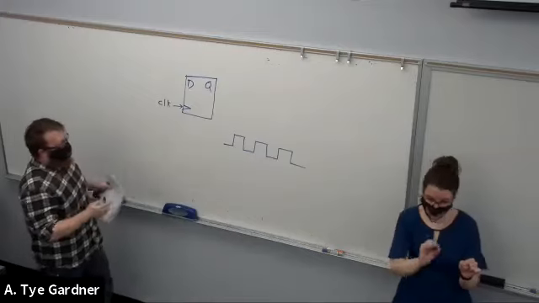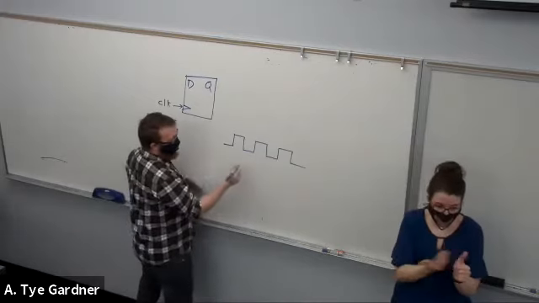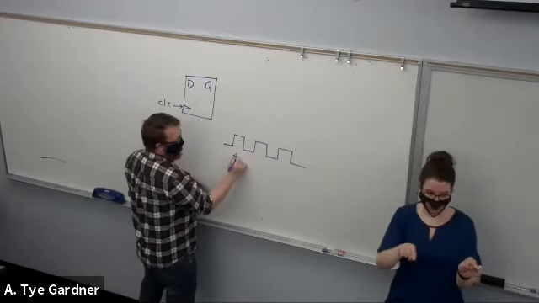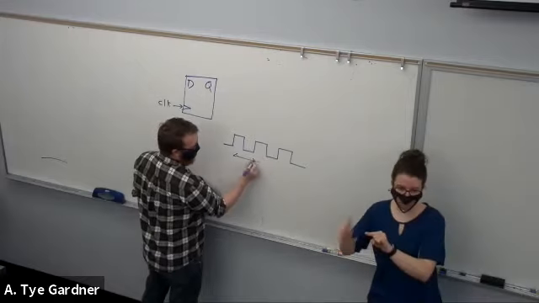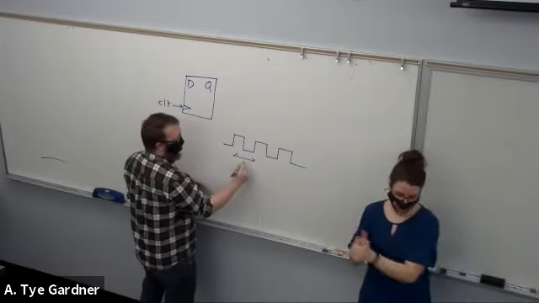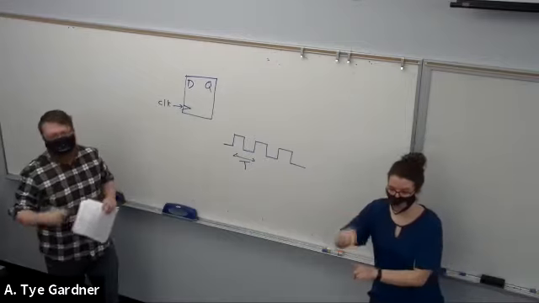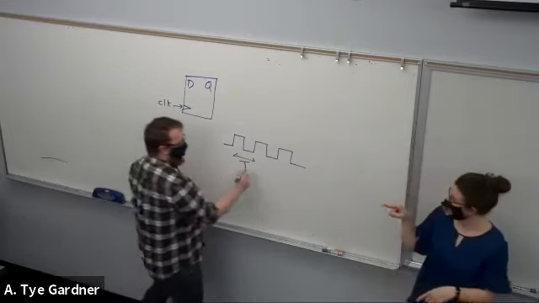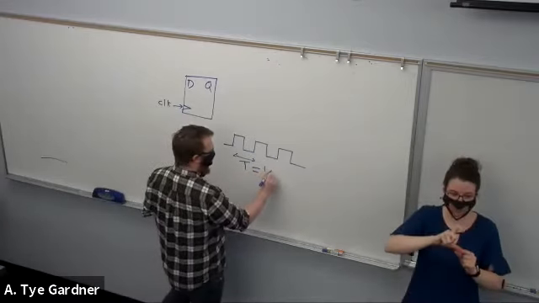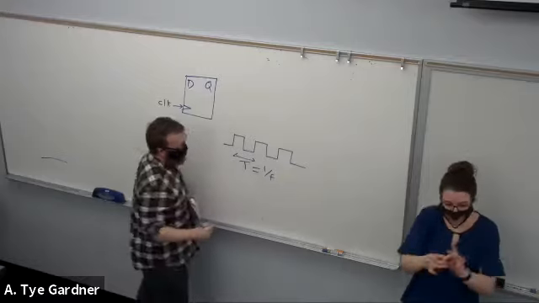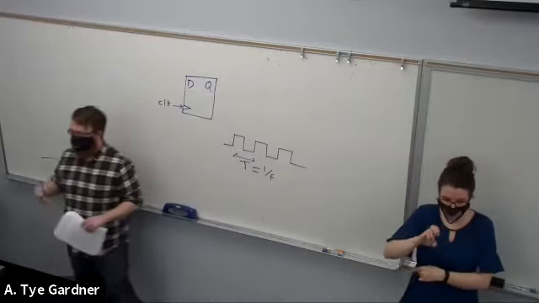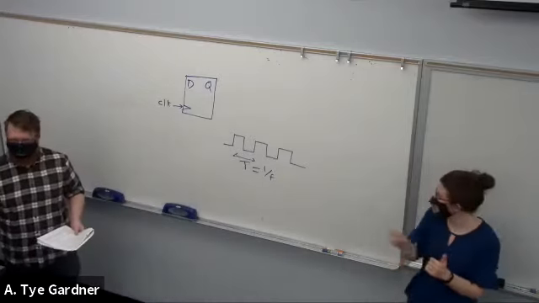Then the relationship here is that from rising edge to rising edge is capital T, the period, which is related to the frequency as 1 divided by f. They're just inverted.